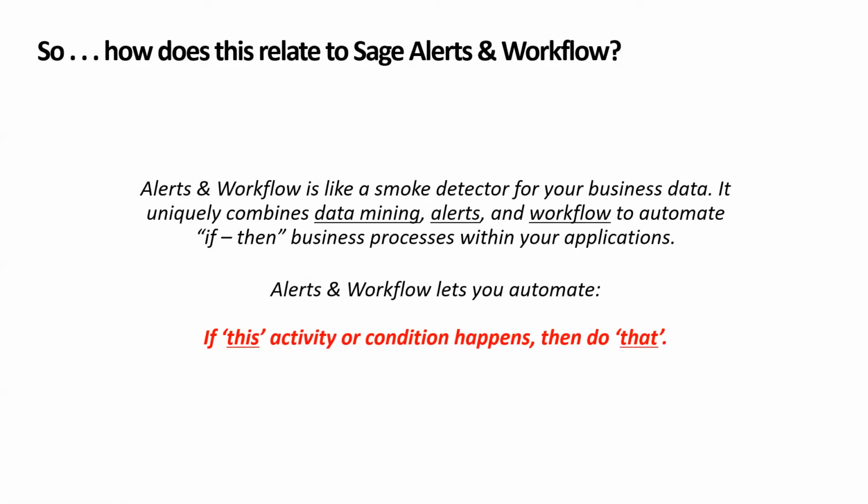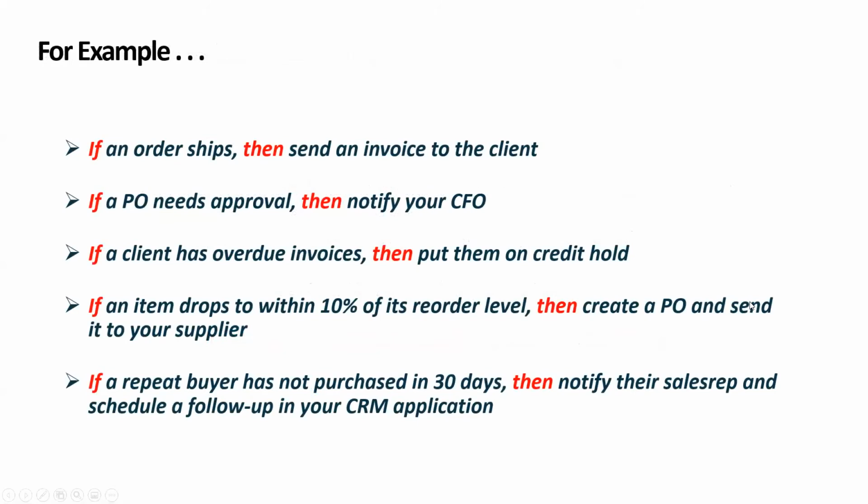So with alerts and workflow, if this activity or condition happens, then do that. So some examples: if an order ships, then send an invoice to the client. If a PO needs to be approved, then notify your CFO.